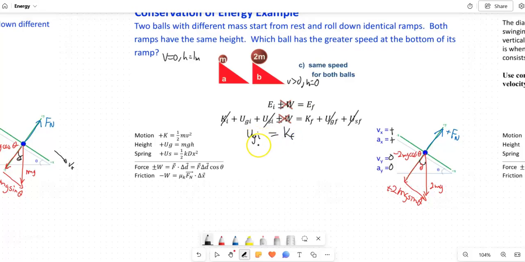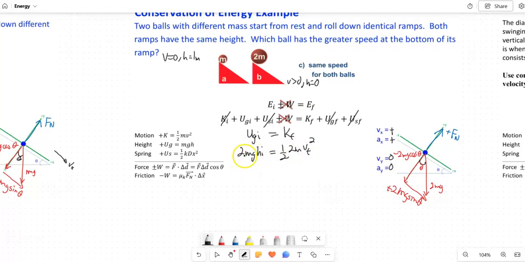So same types of energy here. Okay. And we're going to go ahead and put in mgh, but this is actually 2mgh, which is the initial. And this is going to be 1/2 times 2m times v final squared.